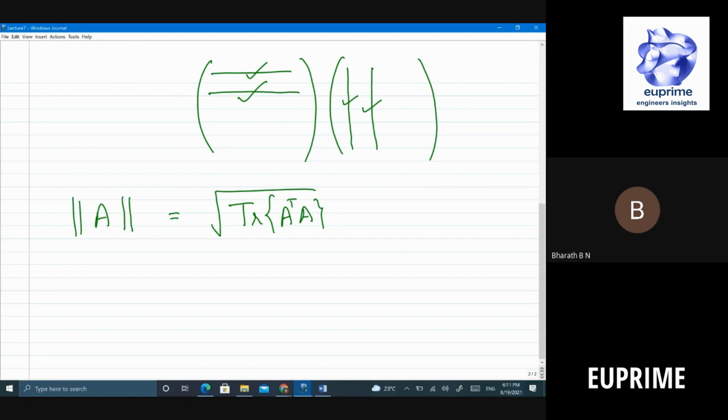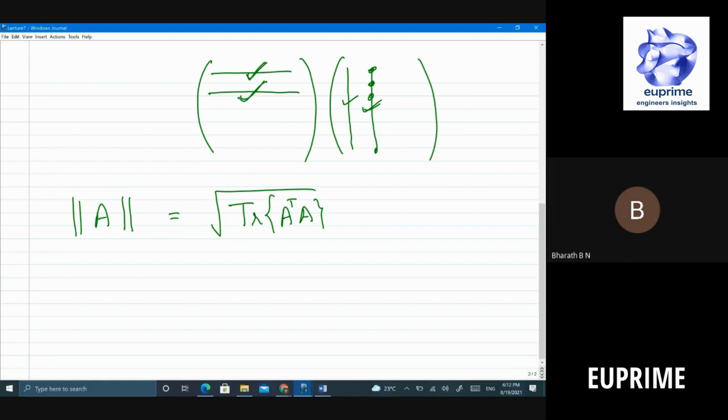If you look at trace of A transpose A, what do I get? I'm taking the first row, multiplying with itself, then the second, multiplying with itself, and so on, and then adding them. If you take the first row multiplied with the first row, what do you get? First entry squared plus second entry squared, and so on. The second row, what happens here? It's all these entries squared, right? And you are adding them. You are taking the trace, by the way.